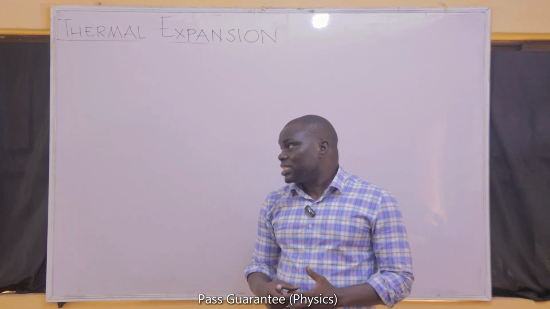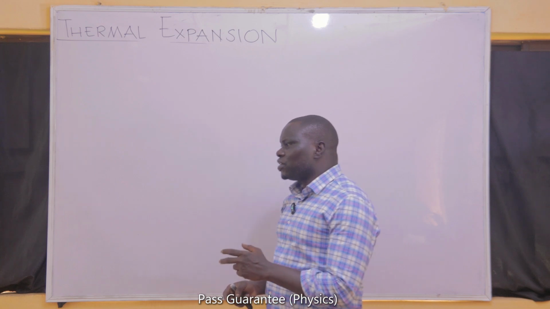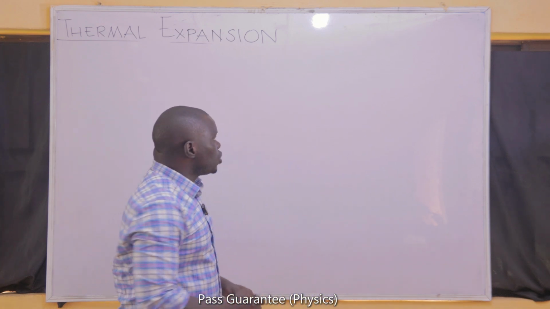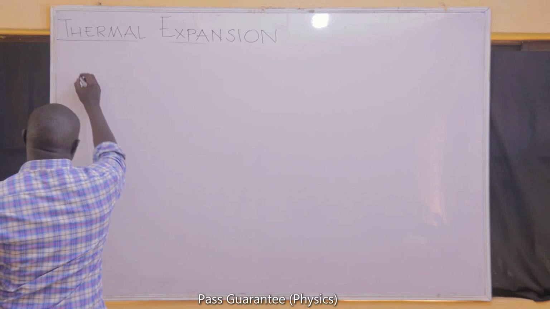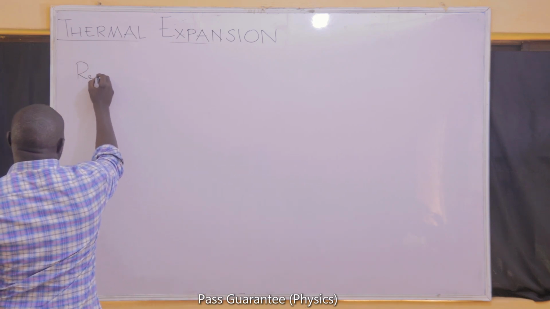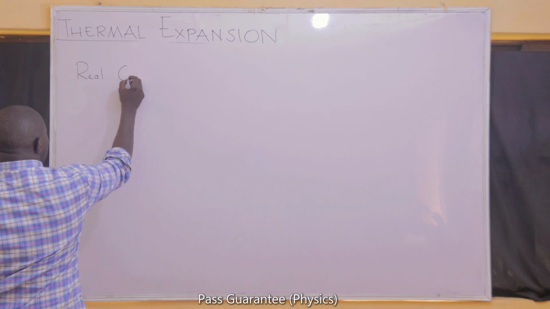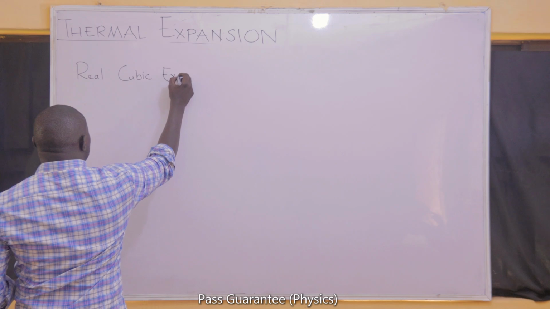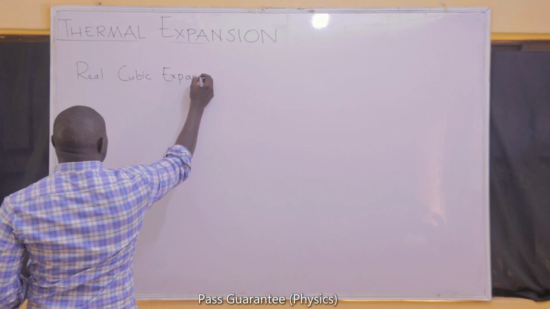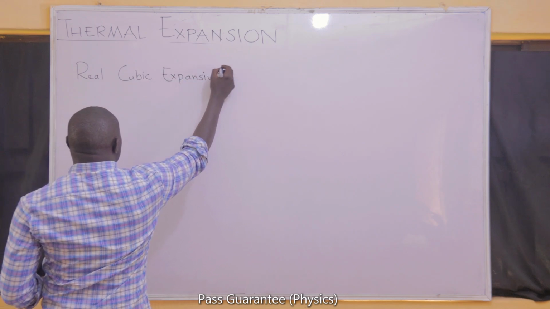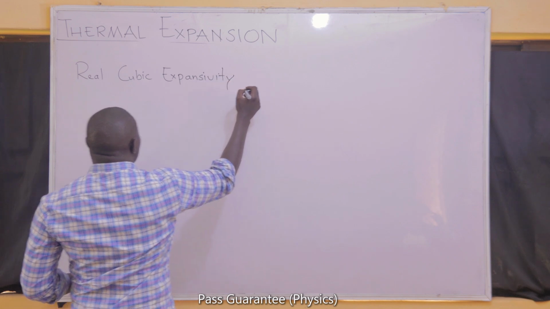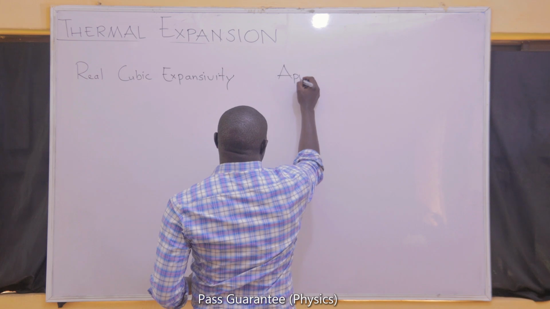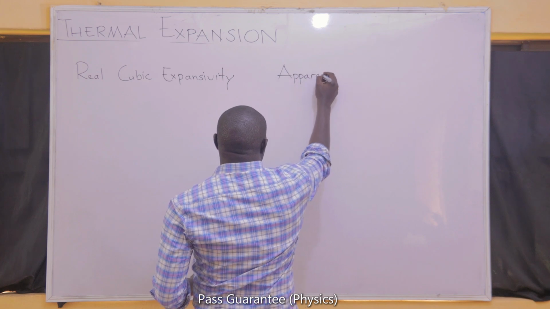Because of that, we study 2 types of volume expansion for liquids. We study what we call the real cubic expansivity of liquid, and we also study the apparent cubic expansivity of liquids.